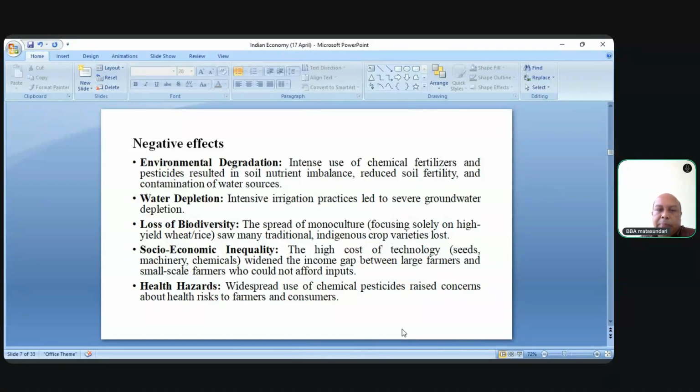So income gap arose between the farmers. Those farmers who use modern technology, their income increased, and those farmers who use traditional technology, their income is nearly the same. So income inequality problem arose in rural area due to green revolution.